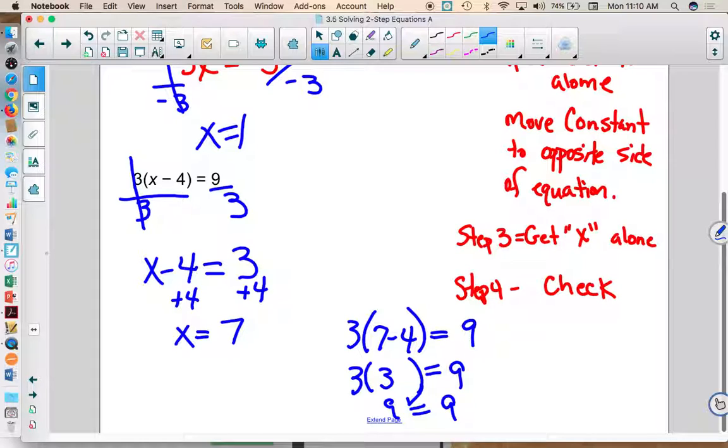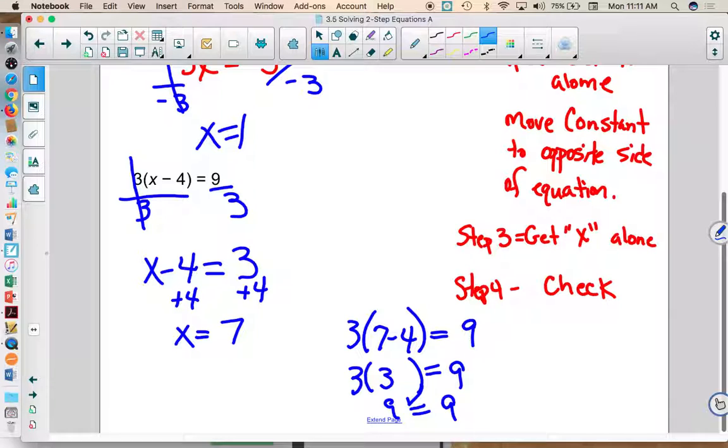Is that easier for you? Even than having to simplify in the step 1 and then moving things around, is it easier just to go in and just get rid of that? Some say yes, some say no. Whichever works for you, that's really 2 different ways of doing it.